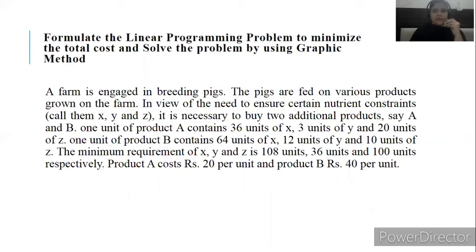In view of the need to ensure certain nutrient constraints, say X, Y, and Z, it is necessary to buy two additional products, say A and B. 1 unit of product A contains 36 units of X, 3 units of Y, and 20 units of Z. And 1 unit of product B contains 64 units of X, 12 of Y, and 10 of Z. The minimum requirement of X, Y, and Z is 108 units, 36 units, and 100 units respectively. Product A costs rupees 20 per unit and product B costs rupees 40 per unit.